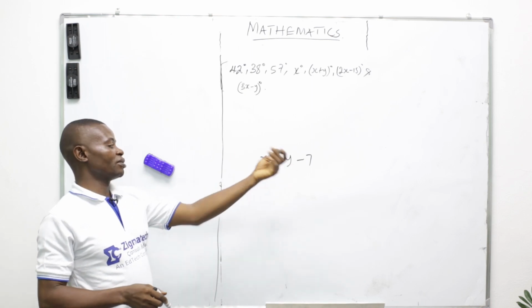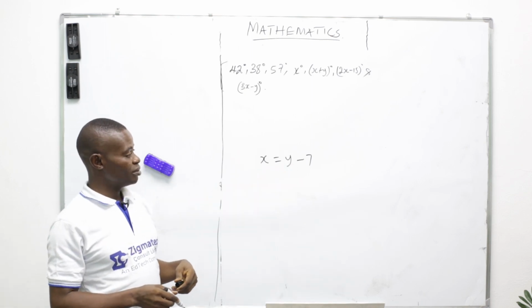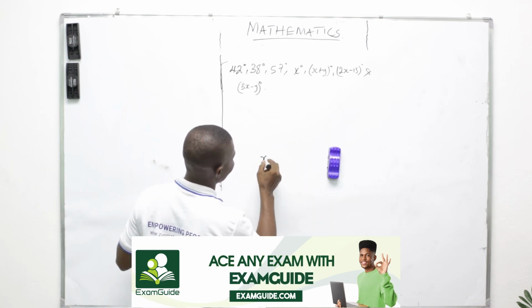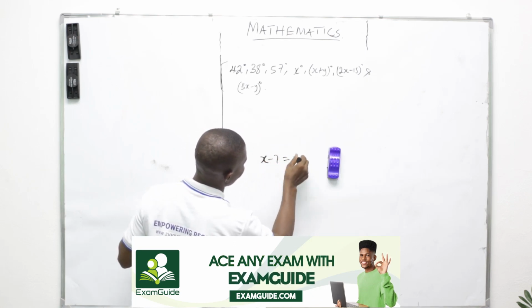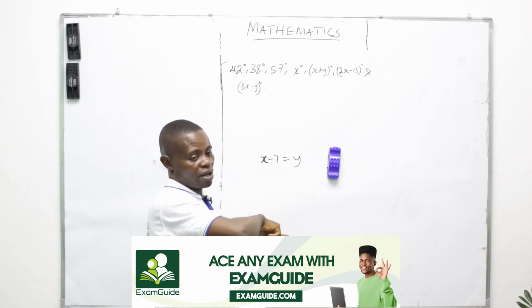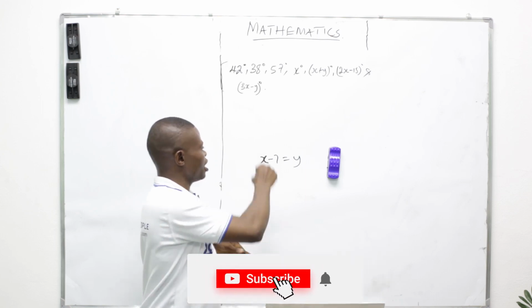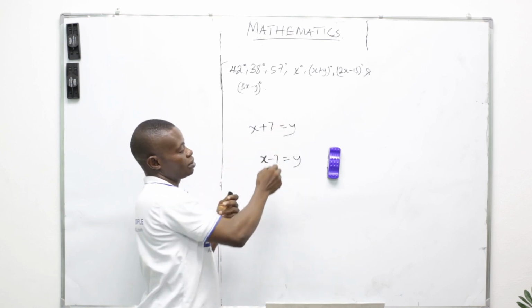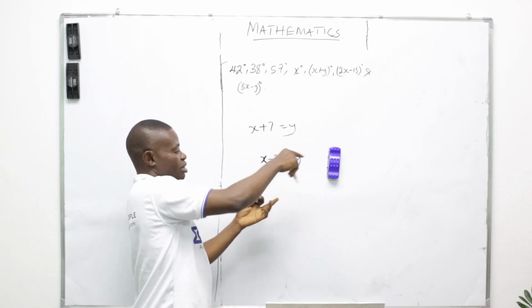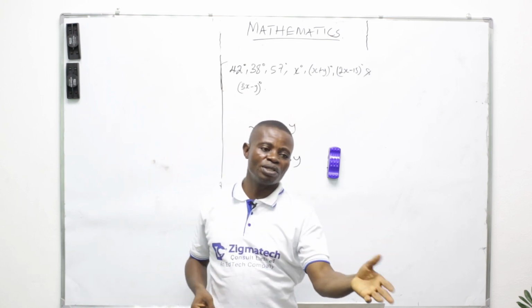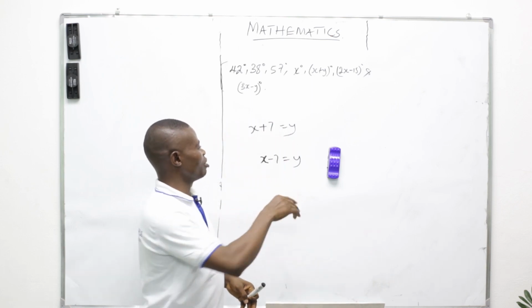That is y minus 7. x minus 7 equals y. x is 7 degrees less than y. x is 7 degrees greater than y, that is x plus 7 equals y. Now this one is what? Less. x minus 7 equals y. Meaning wherever we see y, we'll call it x minus 7. That is just the meaning of this. Now let's go back.